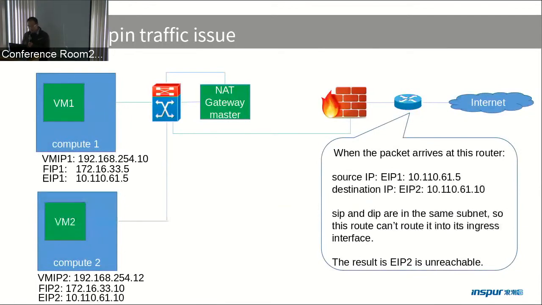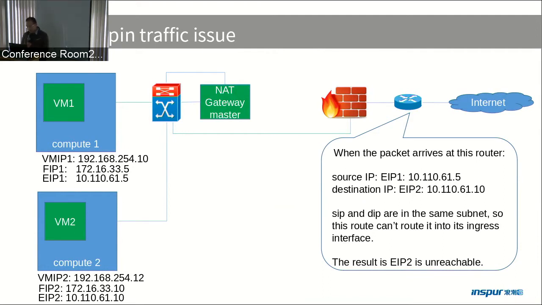Here, let me explain the hairpin traffic issue. Here, if VM1 accesses VM2 by EIP2, the packet will go to the NAT gateway. The NAT gateway will translate VM IP1 to EIP1. Then it sends the packet to a firewall and external router. When the packet arrives at this external router, it will check this packet.